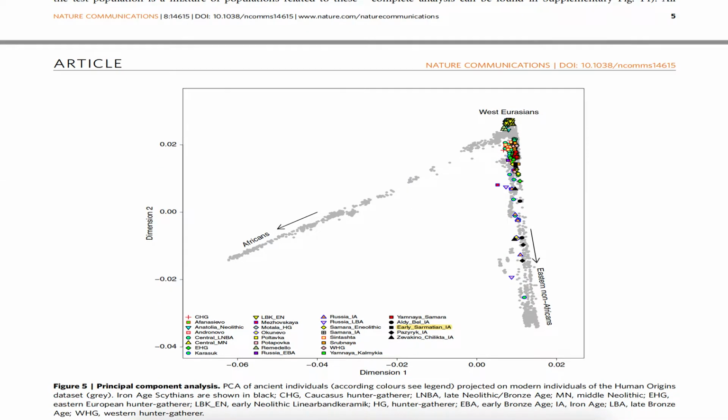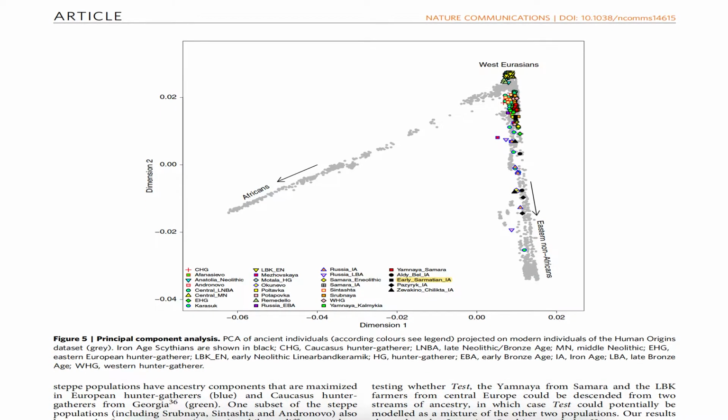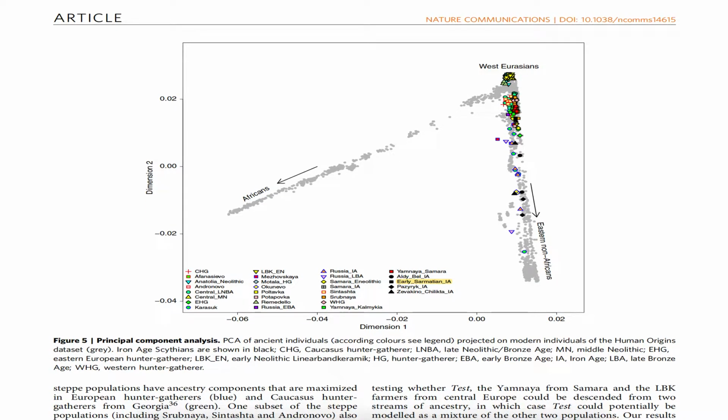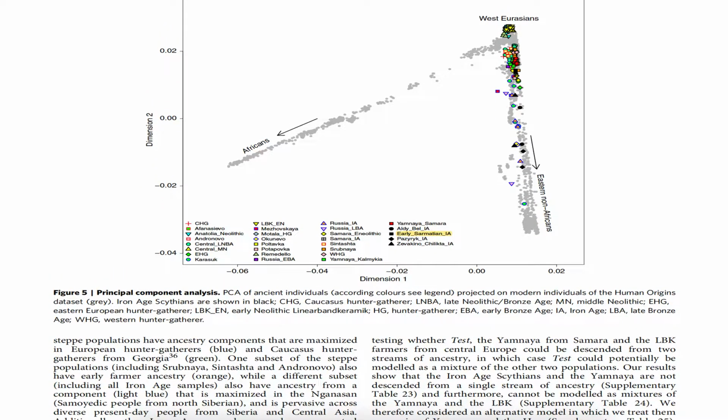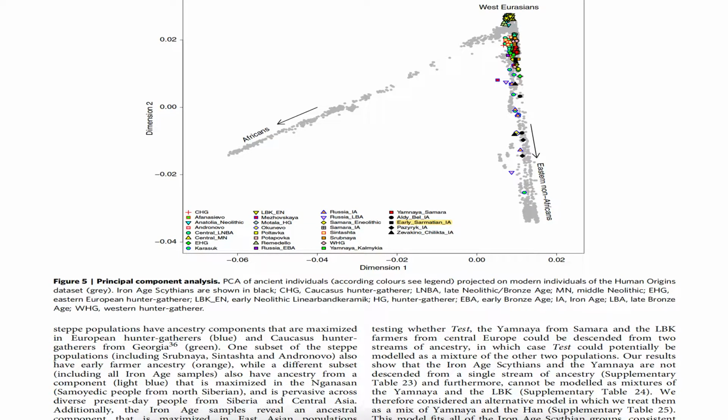Again, we have the Sarmatians, so I don't know what other population they would be going off of, but I see the Sarmatians, and we see, if you look in the center going up under West Eurasians, you see the black squares. So that's the groups they would be associated with. Looking at a Caucasus hunter-gatherer in Central.